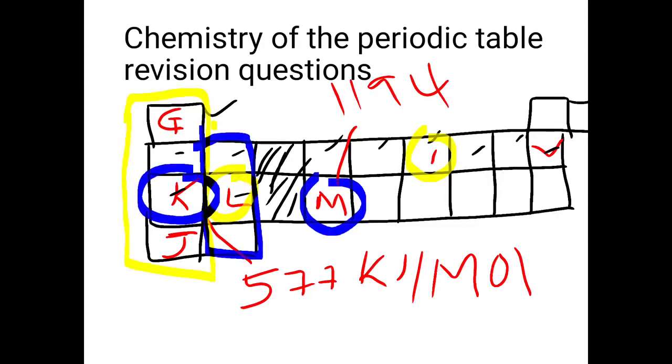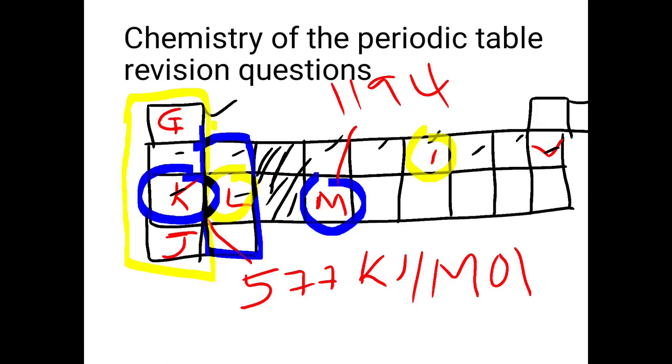And therefore, the only element that is in that category is element L. So L is the one that is an alkaline earth metal. Remember, these elements in group 2 are referred to as alkaline earth metals simply because they are naturally found on Earth.